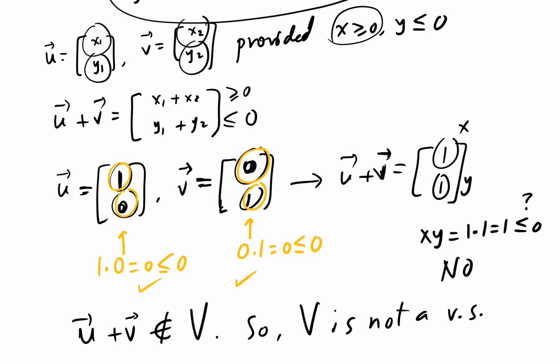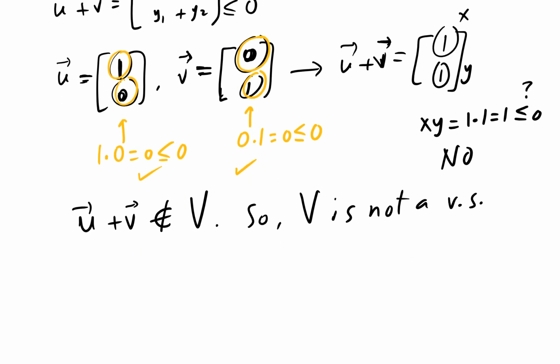But as soon as you find an example, which we call a counter example in math, that makes one of those axioms fail, then it's not a vector space, and you don't have to check the other ones. So you can stop here because you already proved it's not a vector space. And the question is asking, is it a vector space or not?